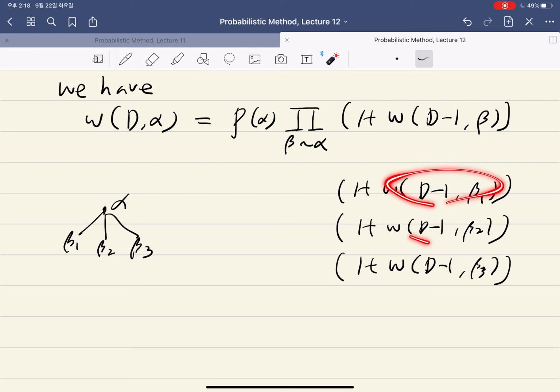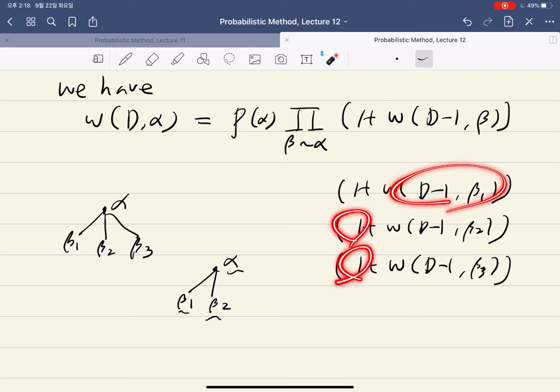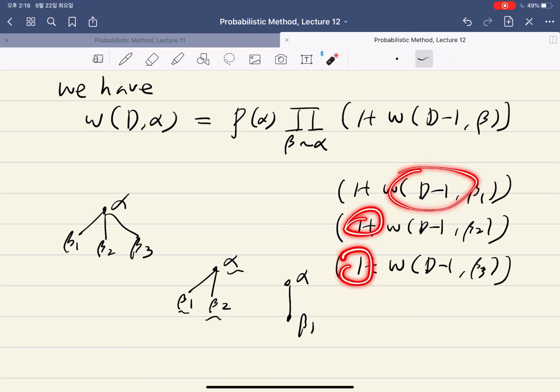If you multiply this, and this, then you can consider all weak module trees which have a root labeled alpha, and then its children have labels beta 1 and beta 2. And multiplying with this case gives alpha and just beta 1. That's why we add 1 here, so that for any combination, if you multiply these, you get the 8 terms.